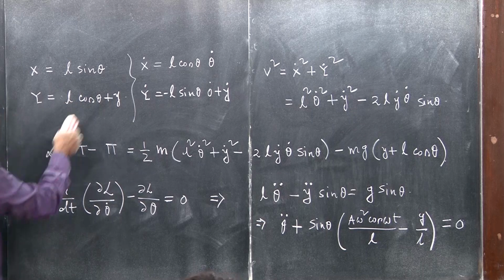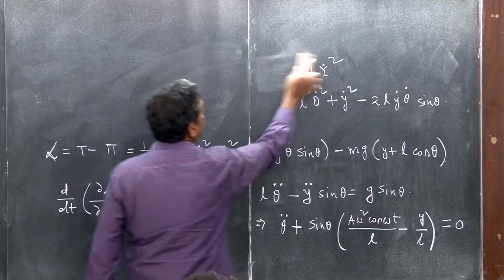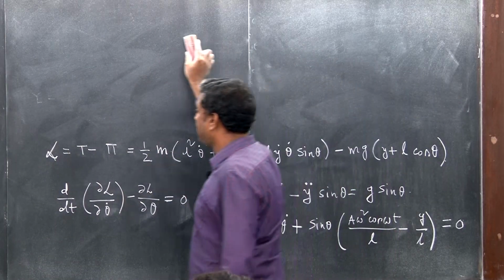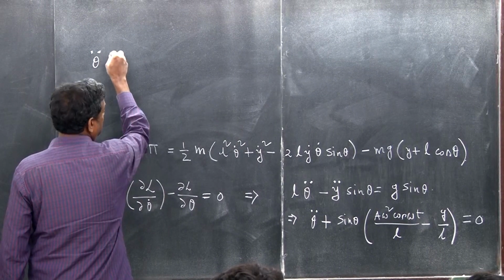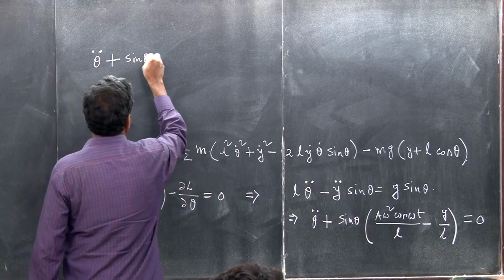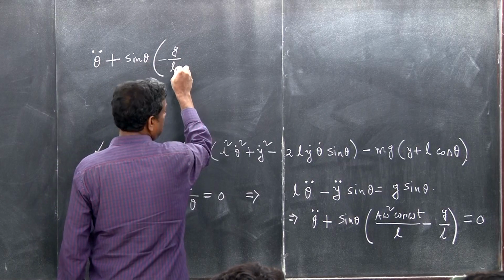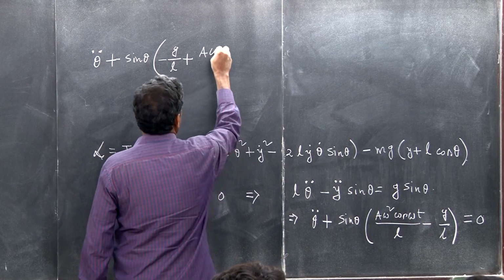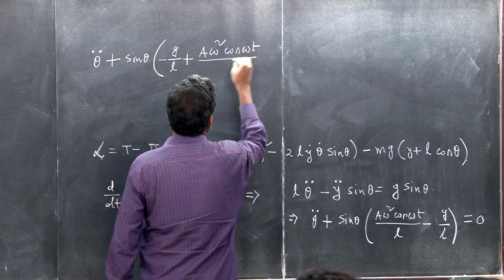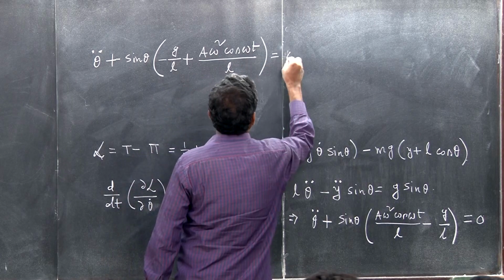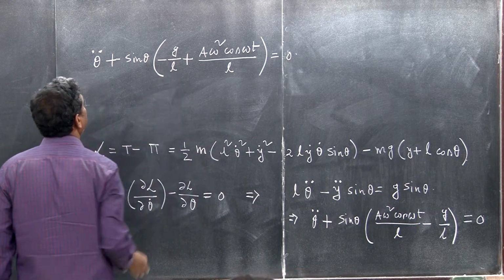I will remove the top portion and finally look at the equation of motion. Ultimately the equation of motion is theta double dot plus sin theta times minus g by L plus a omega square cosine of omega t by L is equal to 0.